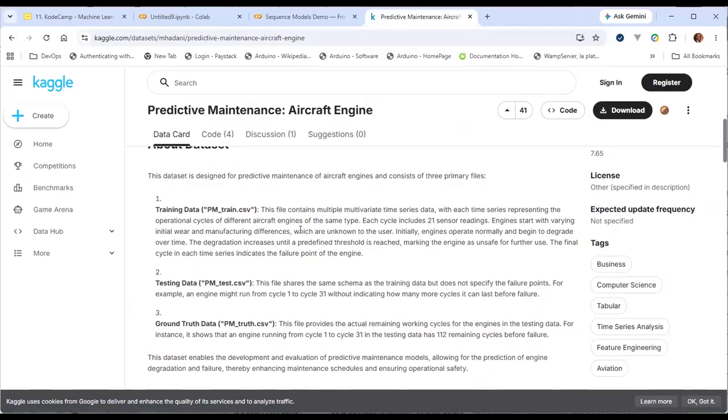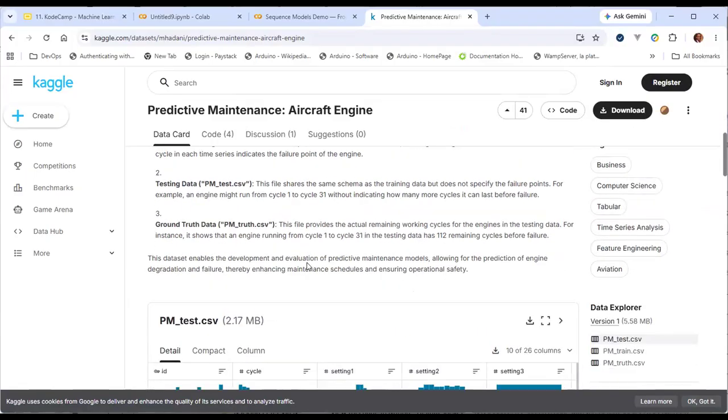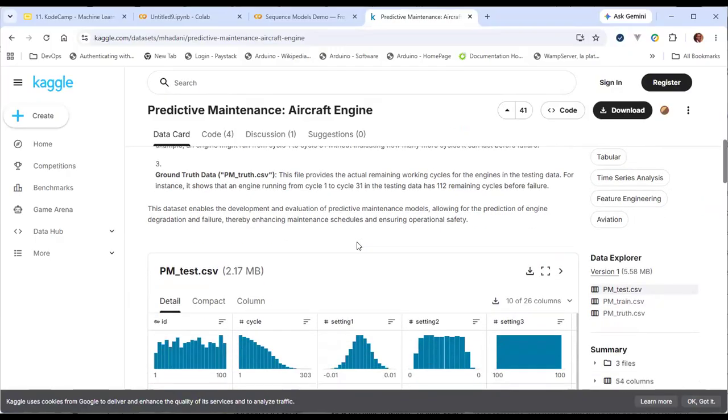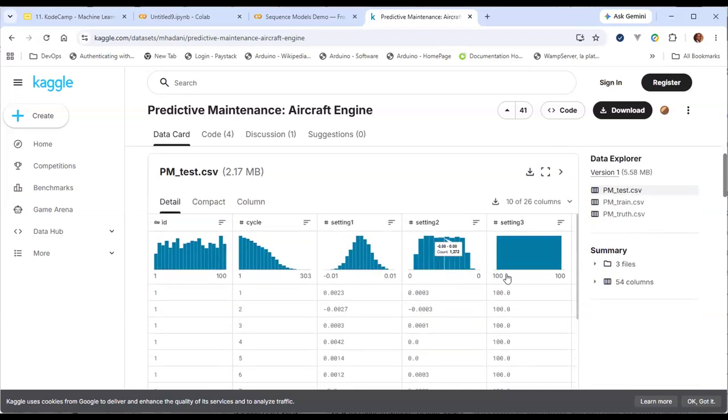And then those different inputs from different sensors will be used to predict when that equipment will fail, or when that aircraft will fail. So we have PM test, PM train, PM truth. Those are three files in here.